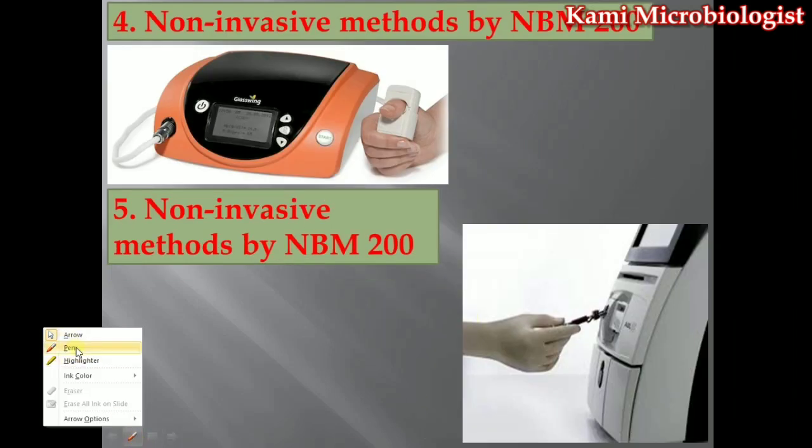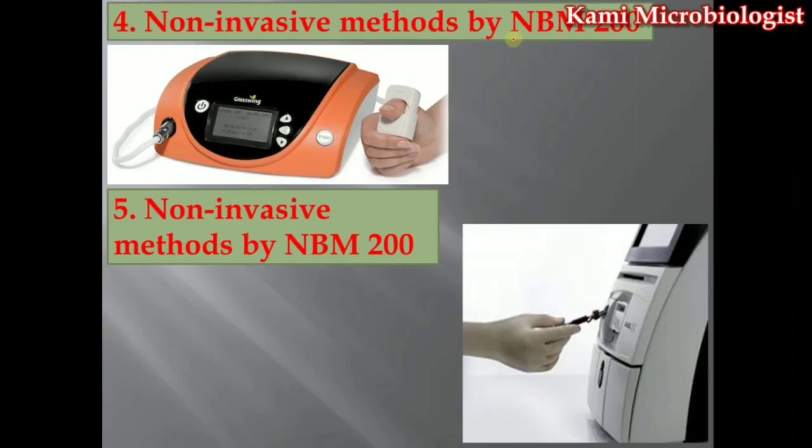Then we have another method which we call the non-invasive method by NBM 200. This is the NBM 200 machine, and through this machine the finger or any area of the body will not be injured and blood is not taken in this case. We just put our thumb into this machine. This is actually the finger area. Through this area we will put our thumb, as you can see, and after that we press the start button.